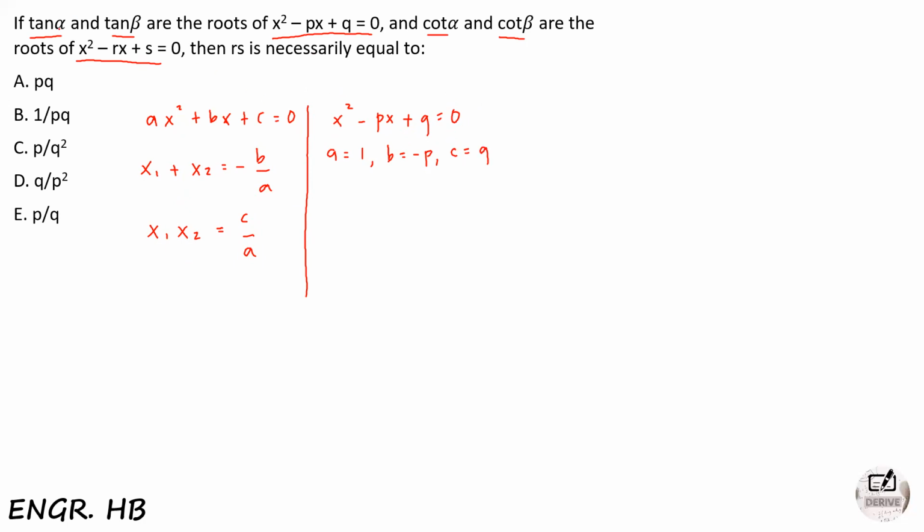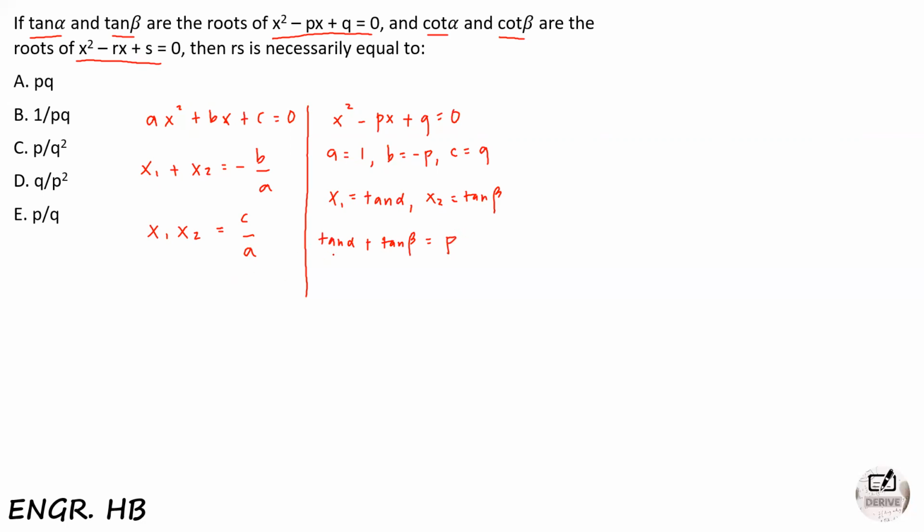We are also given the roots: x1 is tangent alpha and the second root is tangent beta. Now we can get the sum and product. For the sum, tangent alpha plus tangent beta is equivalent to negative b over a, which is the negative of negative p, so positive p over 1, that is p.